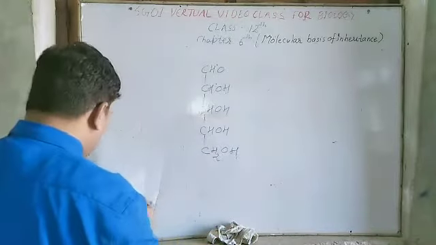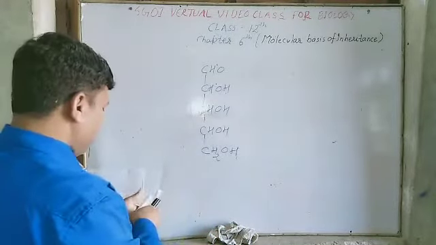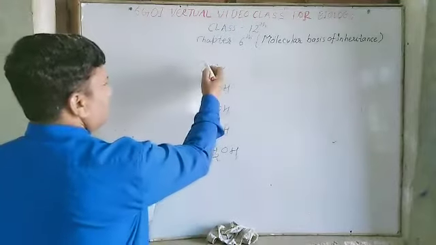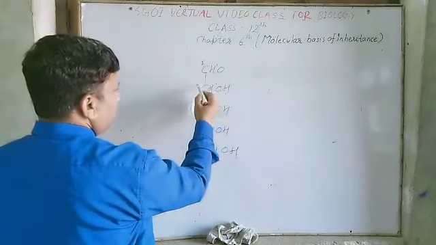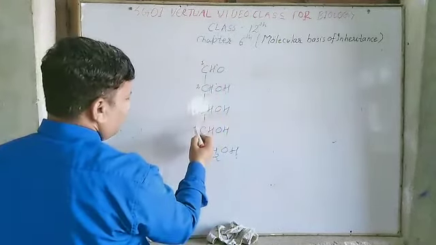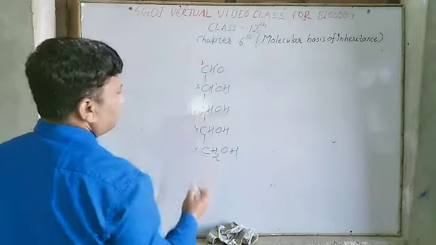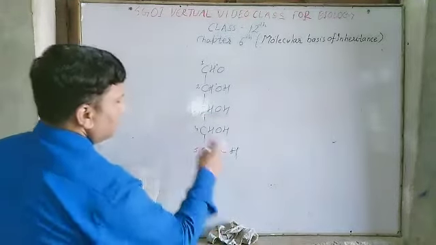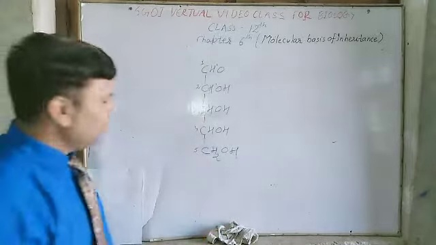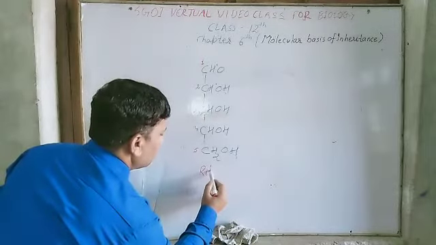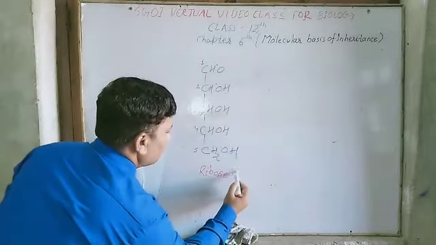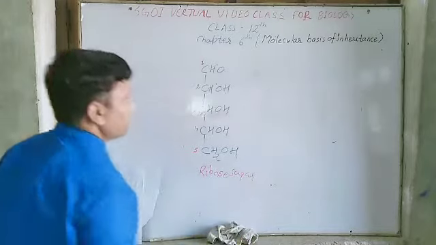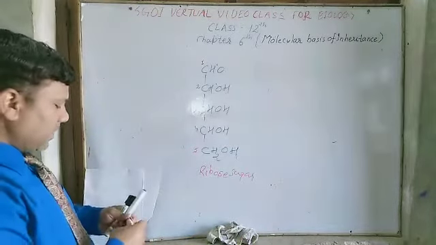It is a 5 carbon atom sugar. This is carbon number 1, this is 2, this is 3, this is 4, and this is 5. This is the straight chain structure of a ribose sugar.